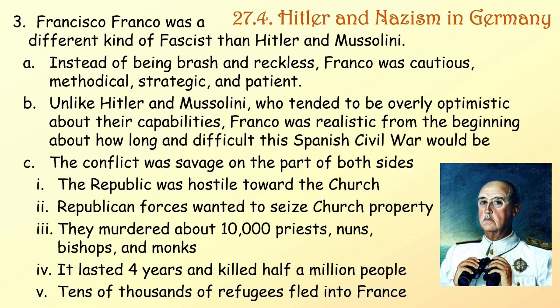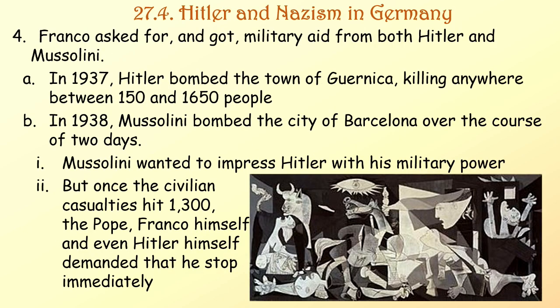The conflict was savage on the part of both sides. The Republic was hostile toward the church. Republican forces wanted to seize church property, and they murdered about 10,000 priests, nuns, bishops, and monks. The Spanish Civil War lasted 4 years and killed 500,000 people, and tens of thousands of refugees fled into France.